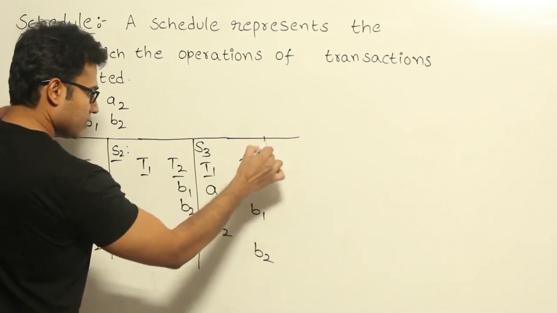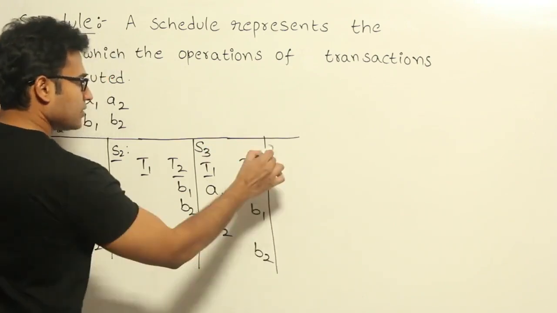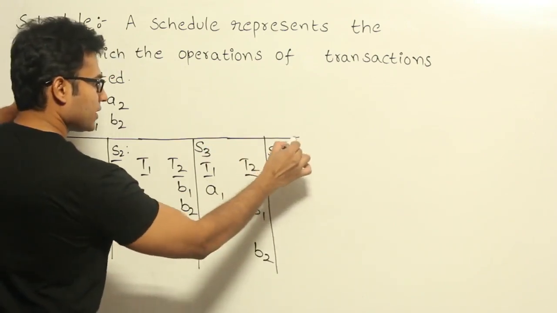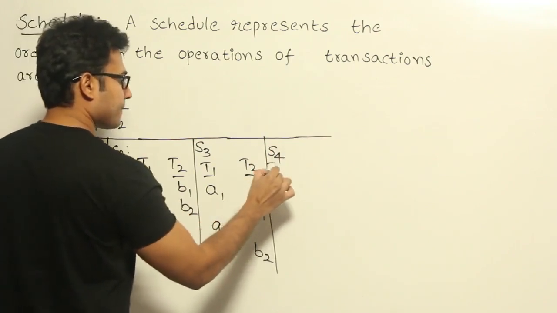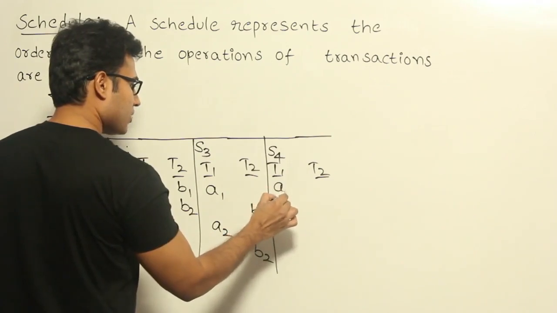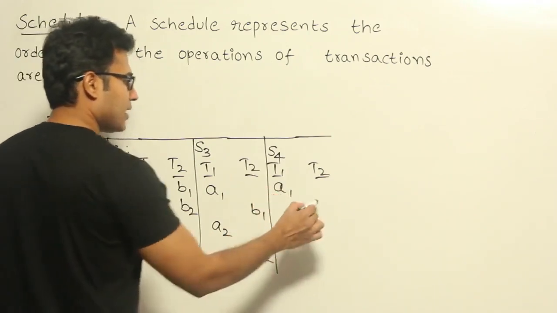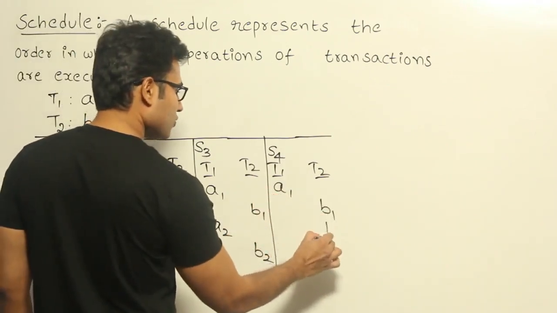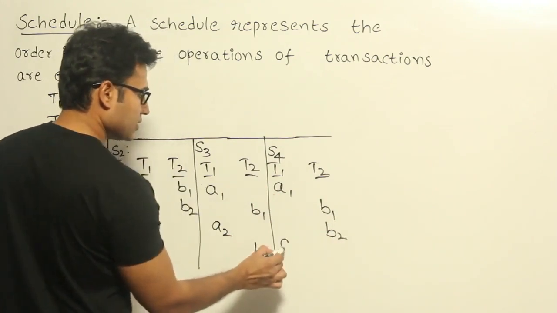This is one schedule. Similarly, I can have one more schedule like this: I can start with one operation from T1, then finish T2, and then finish T1.